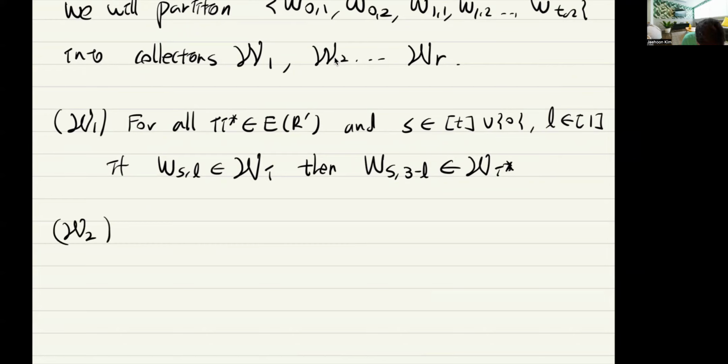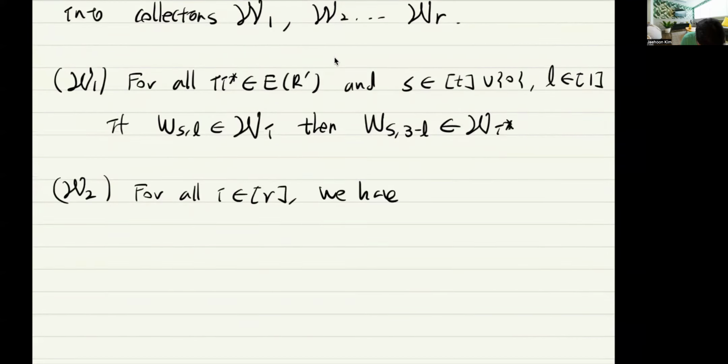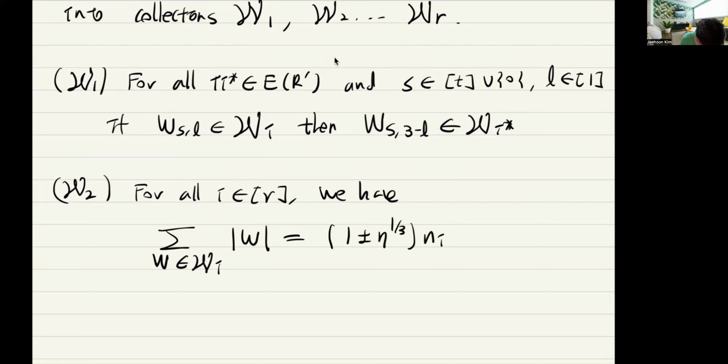And the second property is that for all I, if we take all the W assigned in this curly WI, and we count the number of vertices in there, that's roughly very close to Ni. So what was our goal?